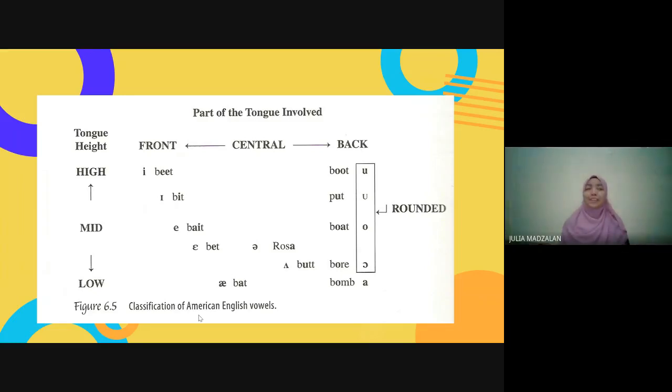Macam gitu kan. Kalau M pula, itu bunyi vowels. So, whenever you are screaming, whenever you are shouting, whenever you are singing, you are actually screaming, shouting and singing vowels.